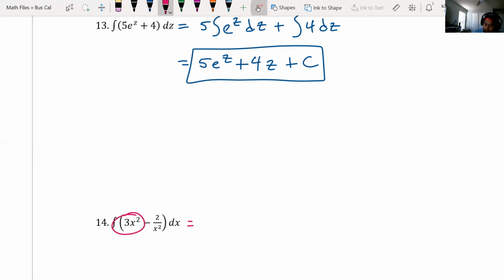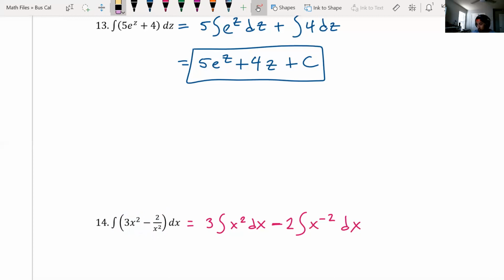For 3x squared, I'm going to rewrite this as 3 times the integral of x squared dx minus, and then for 2 over x squared, I'm going to take that 2 out, and then I'm going to flip x squared to become x to the negative 2 dx. So there's our rewrite, which means we are ready to find the antiderivative.